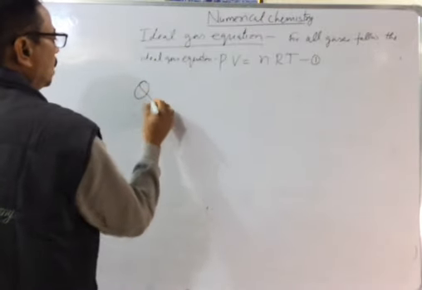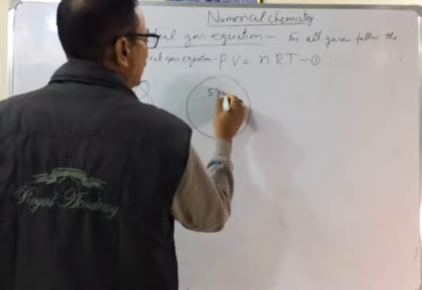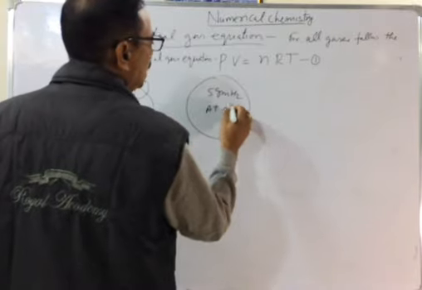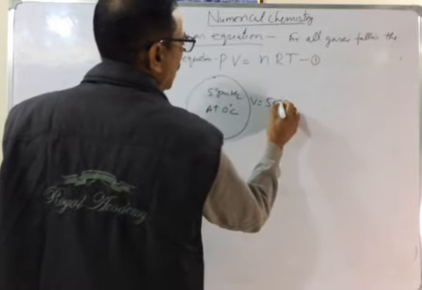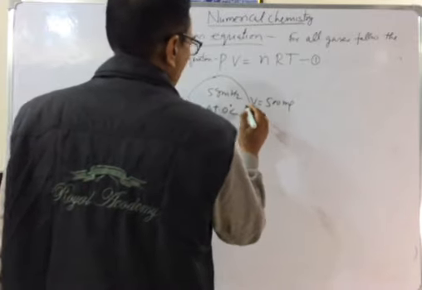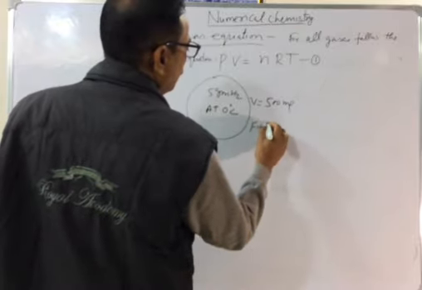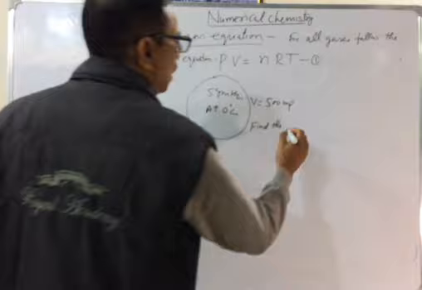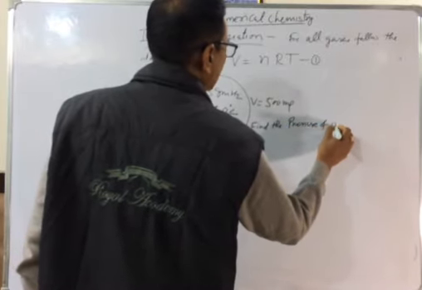Suppose in a question, this is a container, 5 gram hydrogen put at 0 degree centigrade, and the volume of the container is 500 ml, and temperature already given. Then find the pressure of the gas.